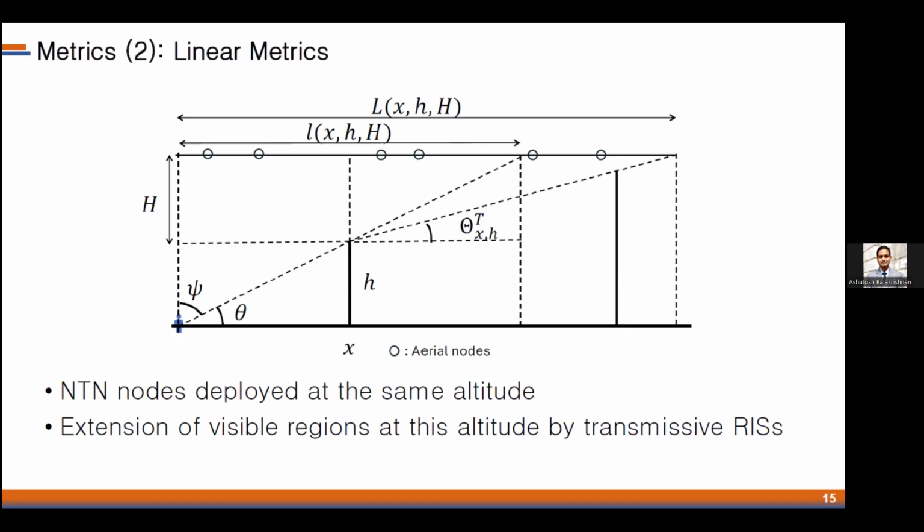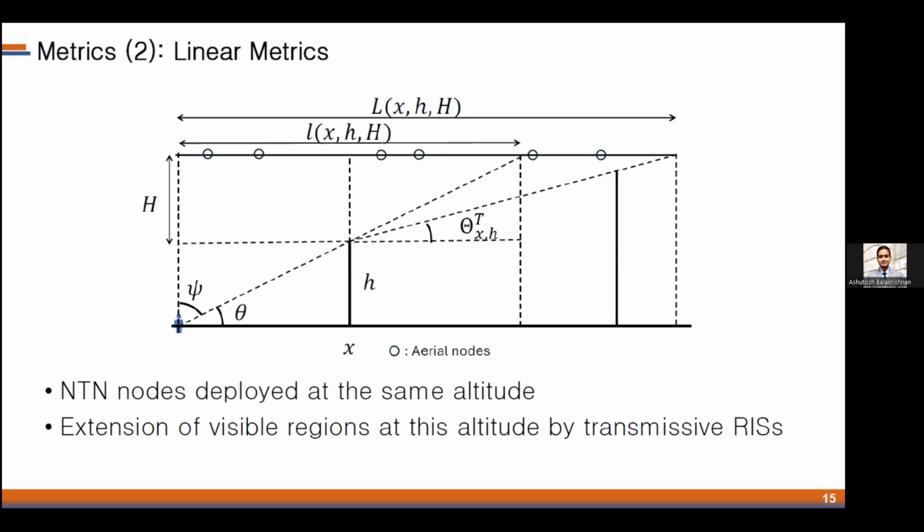Circles are the NTN nodes. H and X are the height and location of the blocking building, and the capital H is the height over the height of the blocking building.